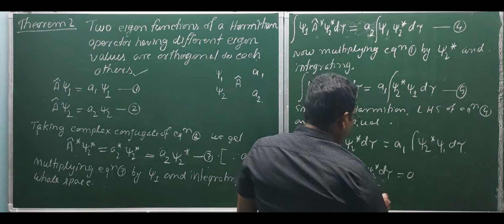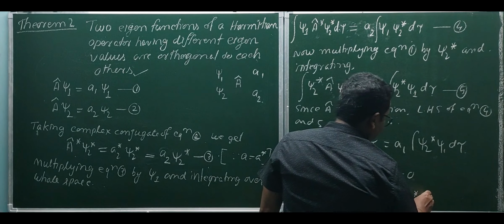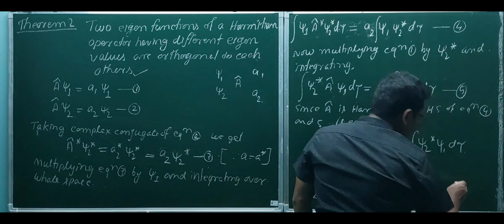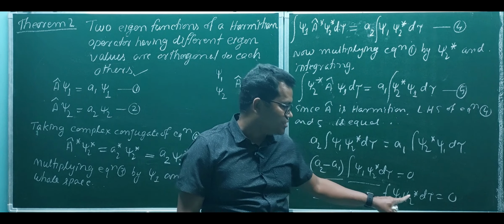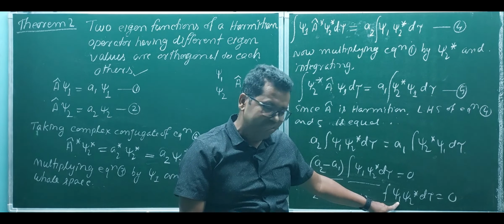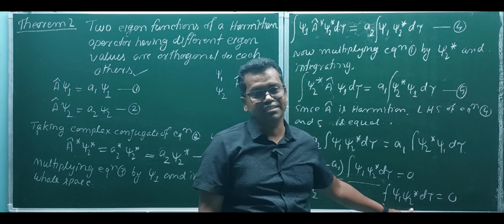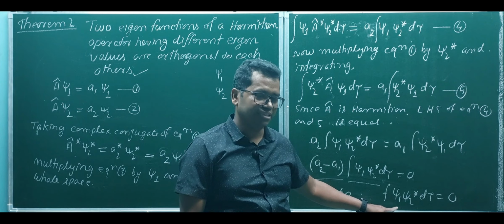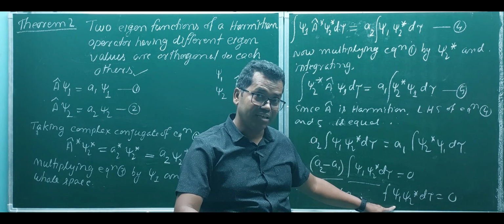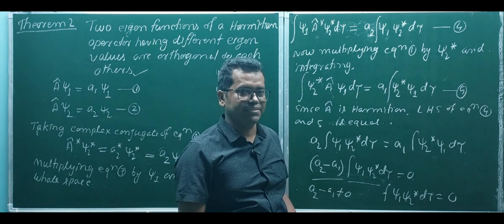Therefore the integral of psi 1 psi 2 star d tau should be 0. This is the condition of orthogonality. Therefore psi 1 and psi 2 are orthogonal to each other. So we have proved that two eigenfunctions of a Hermitian operator having different eigenvalues are orthogonal to each other.